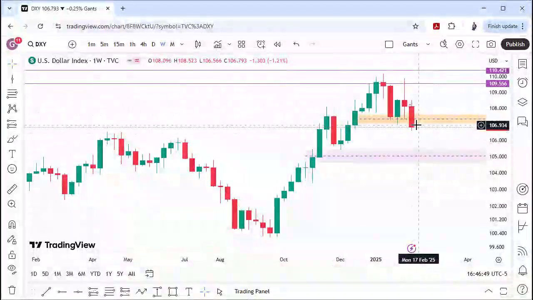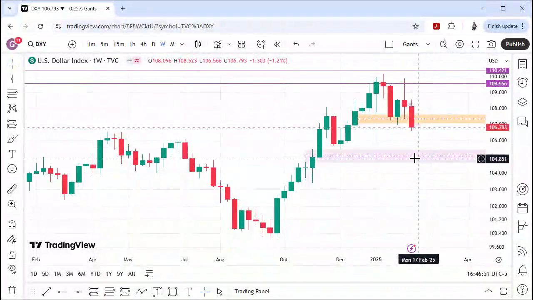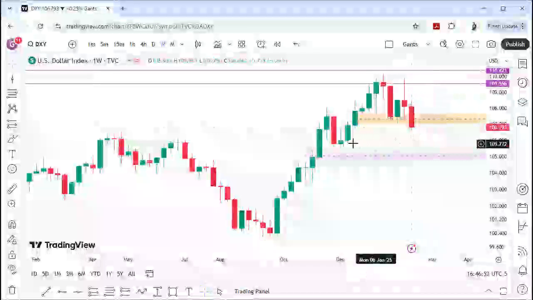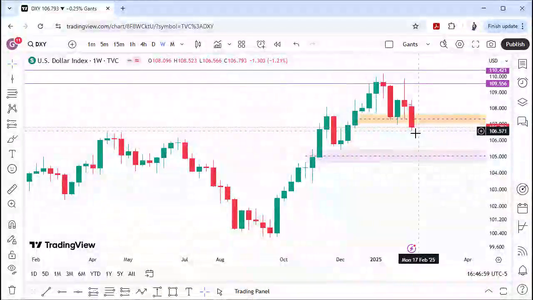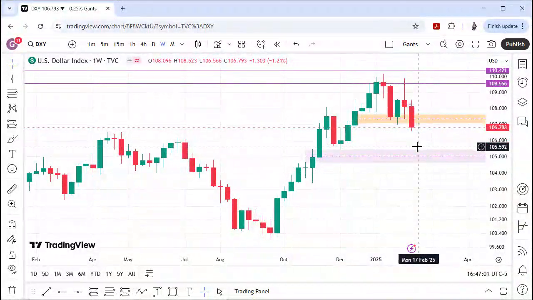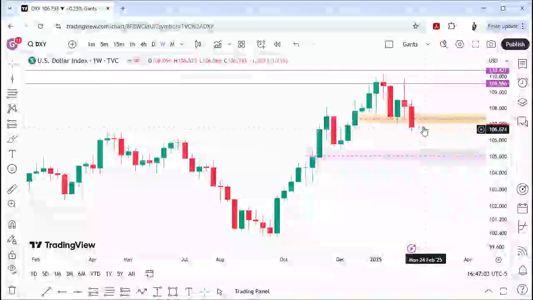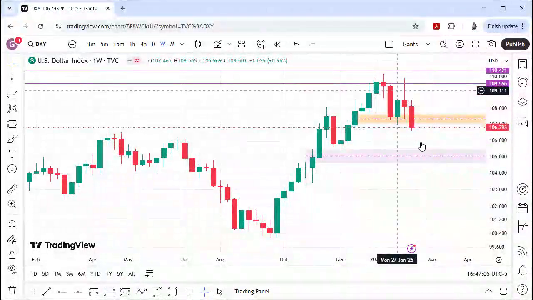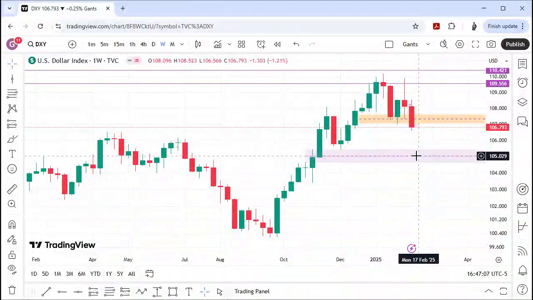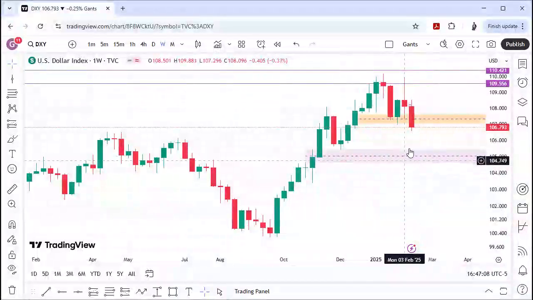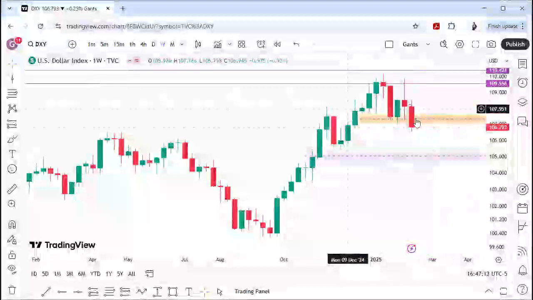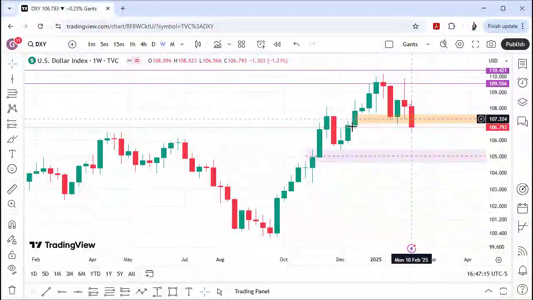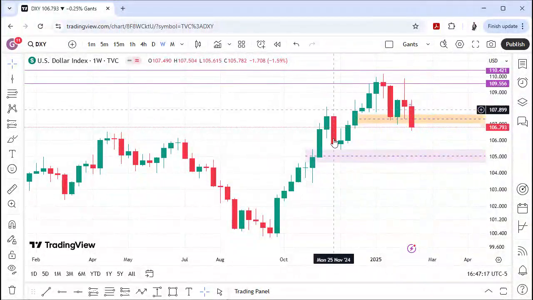That may not happen with one single candle. We could trade to the rejection block here by the end of this new trading week. But what I'm saying in essence is that we're going to be bearish for the dollar. The dollar index is going to be bearish because we've closed below this area that is shaded and we're inside the order block.